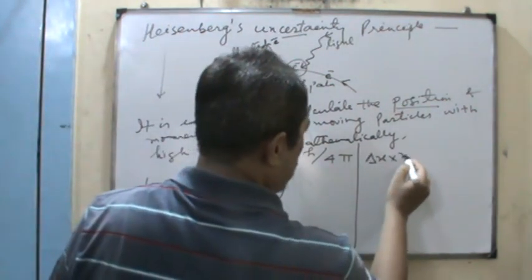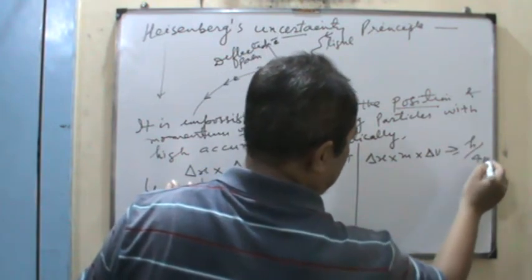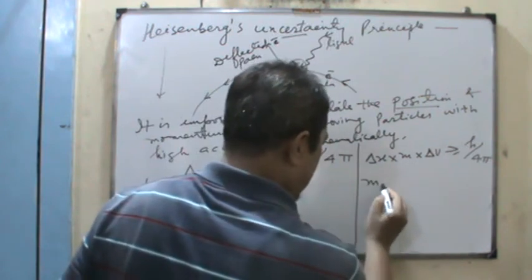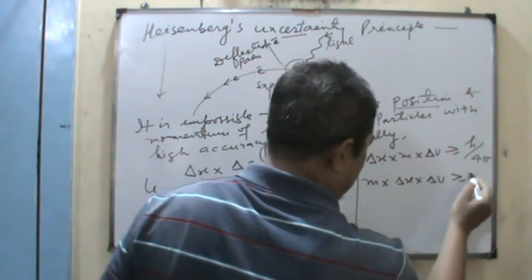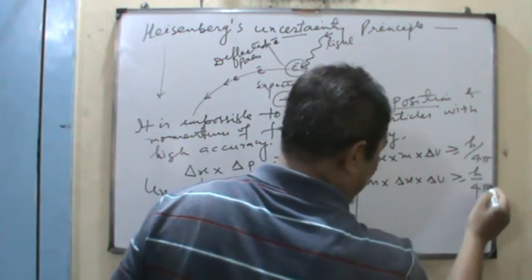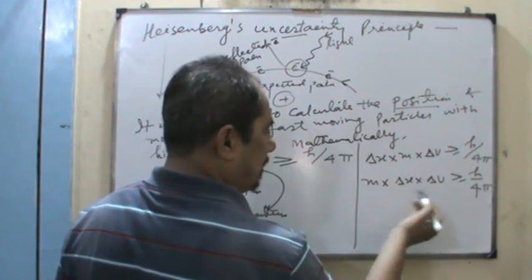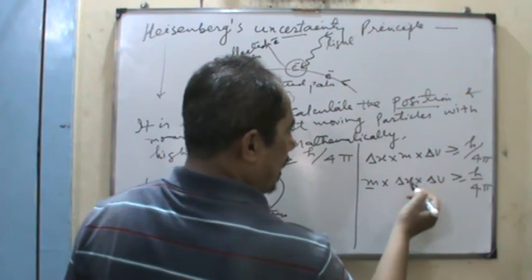Thus you enlarge this numerical data. Delta x into m into delta v is either equal to or greater than h upon 4 pi, or make it symmetrical, m delta x into delta v is either equal to or greater than h upon 4 pi, because from changing the object, mass is going to be changed, so changing the velocity and delta x.